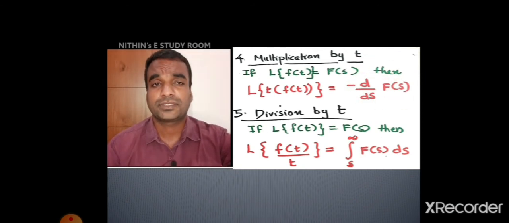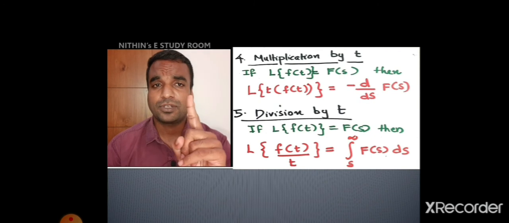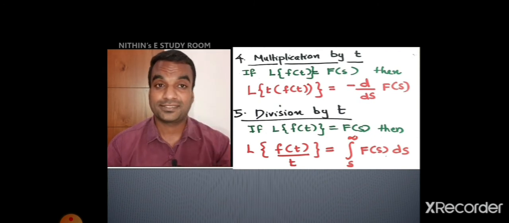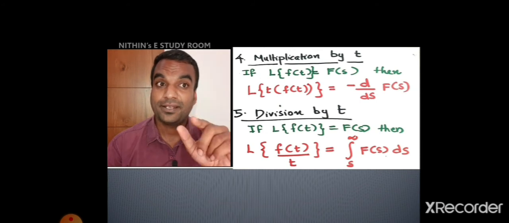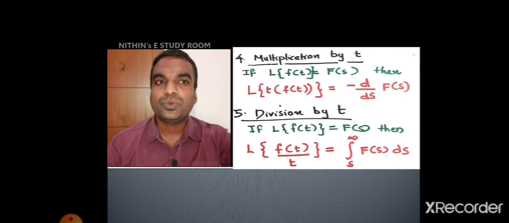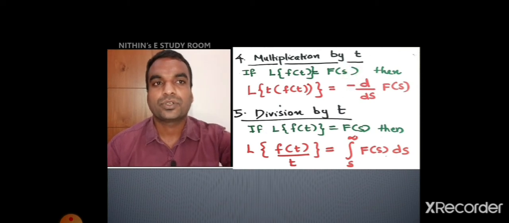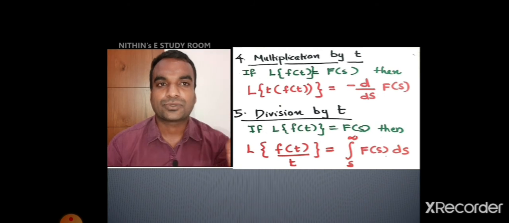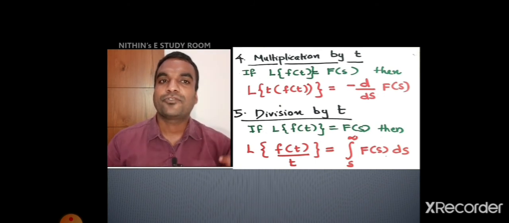What is F of s? f of t is basically 1, so F of s is equal to 1 by s. So d by ds of 1 by s is minus 1 by s square, and the minus is here outside, so it will be 1 by s square. So the Laplace transform of t into 1 is 1 by s square.